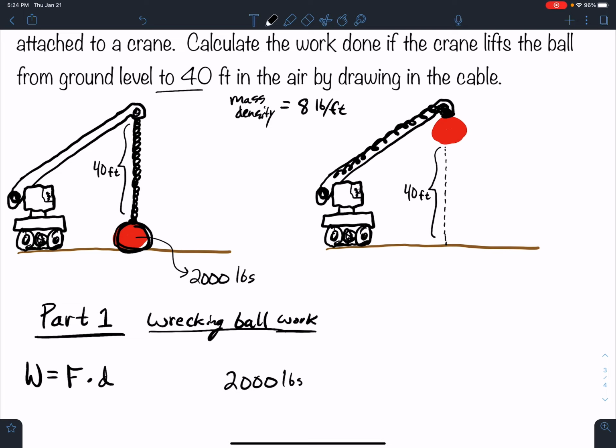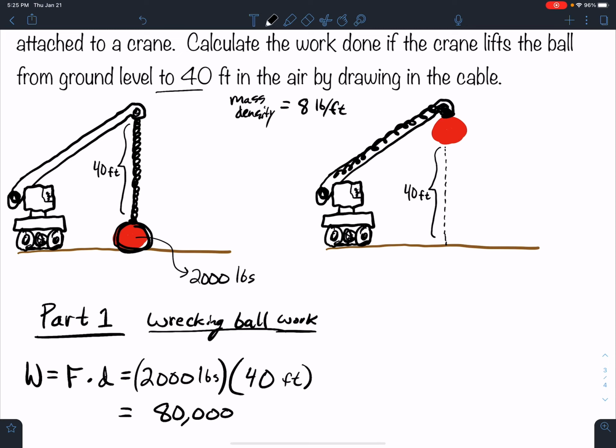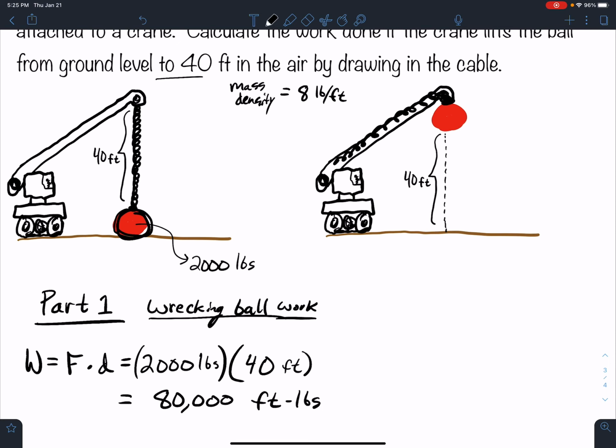That force is the 2,000 pounds, and I'm moving it up a distance of 40. The weight of the ball isn't changing over time, so that force is staying constant. I multiply F times D to get my work. So what does this equal? This gets me 80,000 foot-pounds, just to move this wrecking ball.